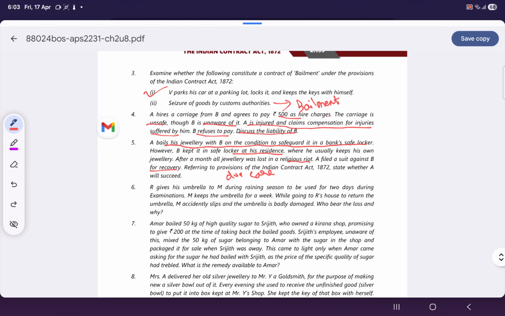So after that specified period, whatever damage is done, it should be borne by M only. M shall have to bear the loss since he has failed to return the umbrella within the specified time. Section 161 clearly says that where a bailee fails to return the goods within the agreed time, he shall be responsible to the bailor for any loss, destruction or deterioration of the goods from that time, notwithstanding the exercise of reasonable care on his part.